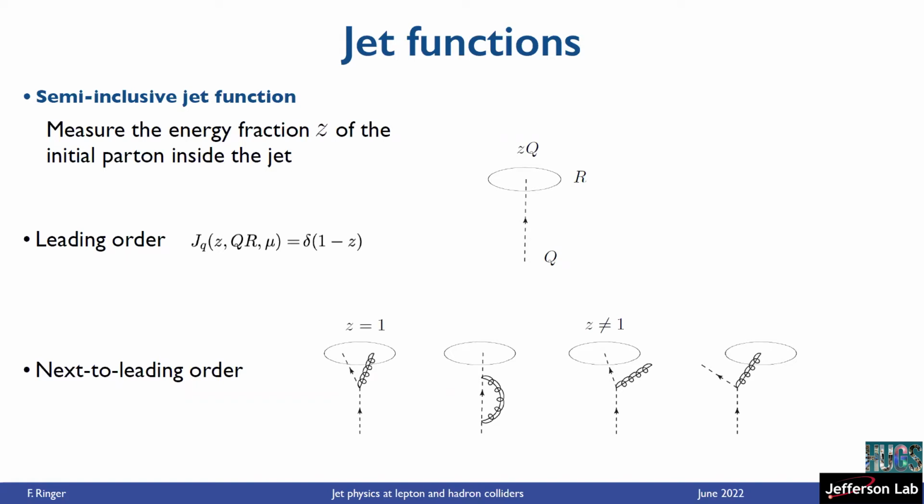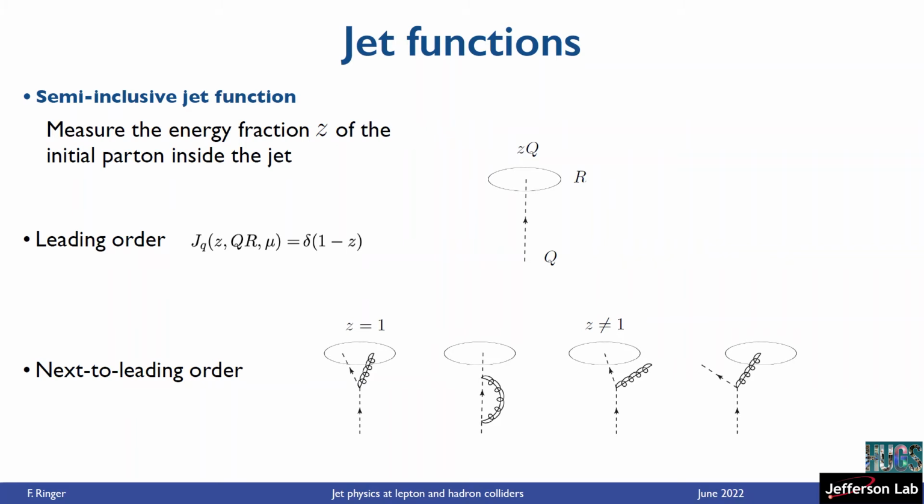And now it depends on the jet algorithm and the jet radius whether they will be identified as a single jet. If the splitting happens such that the particles are close together after the splitting, then the jet algorithm will capture them and identify them as one jet. In that case, again, we have z equals 1, similar to the leading order contribution.